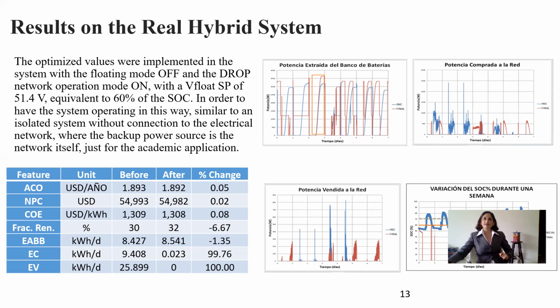As we can see in the table, and in this last slide, in figures 2 and 3, the energy required from the grid was reduced by 99.76%, and the sales to the grid increased from 0 to 25.9 kilowatt-hours per day.